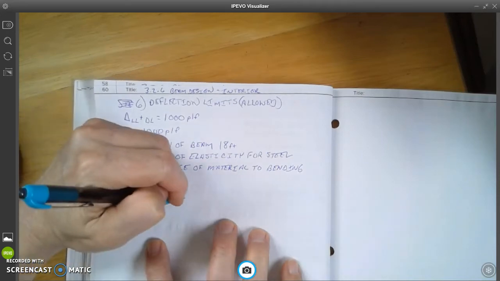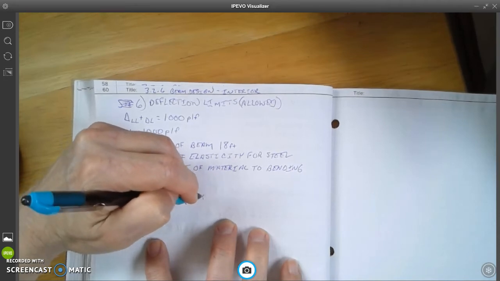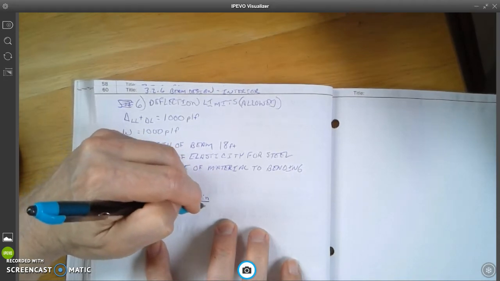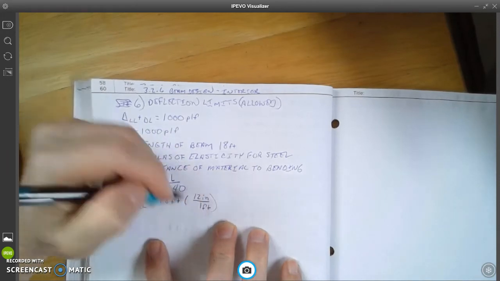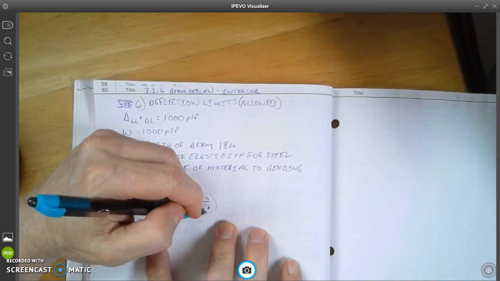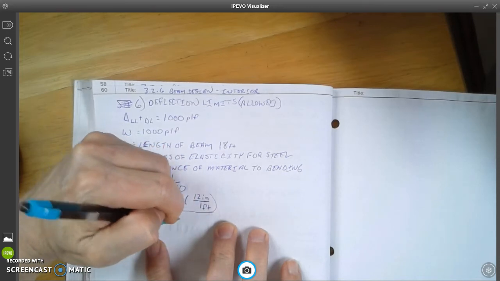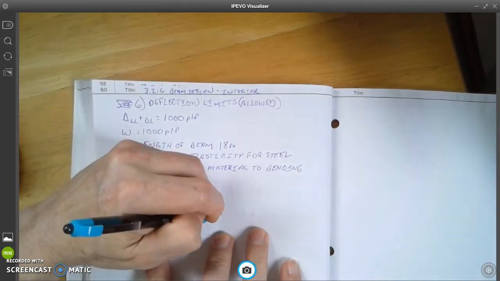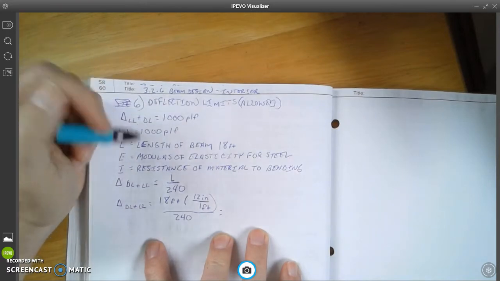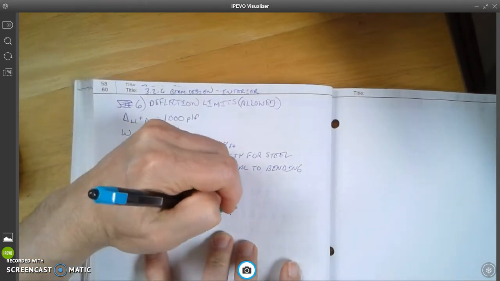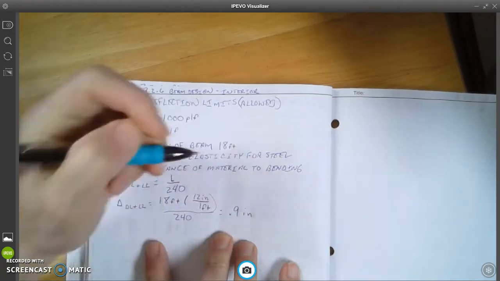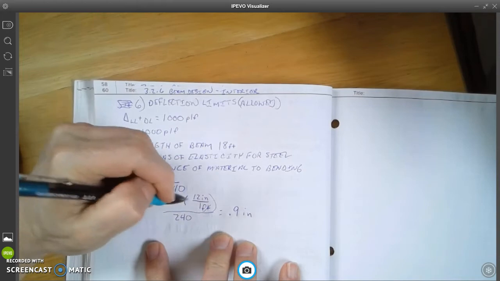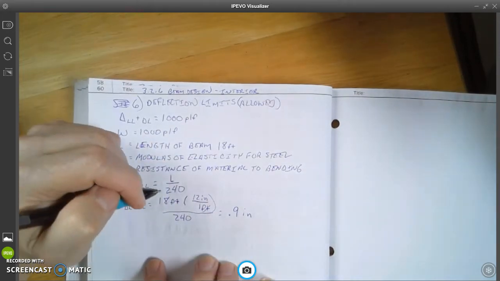and that has to be converted to inches, so that is going to be 12 inches over 1 foot, and that's going to be divided by 240. Now, when I do this calculation and go all the way to the end, I get 0.9 inches, because the feet cancel here, so I'm left with inches.